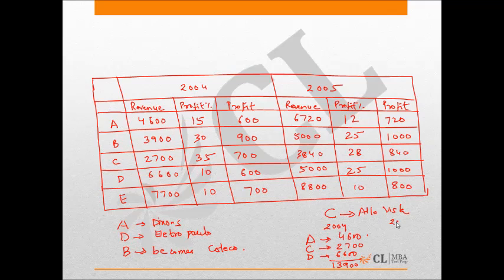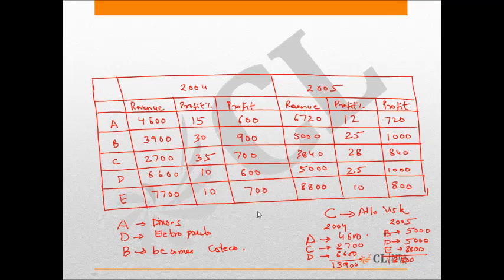Similarly, if I calculate in 2005 the revenue of B, D, E. So B would be your 5000. Your D would also be 5000. And your E would be 8800. So that in total makes, if I add, 18800.